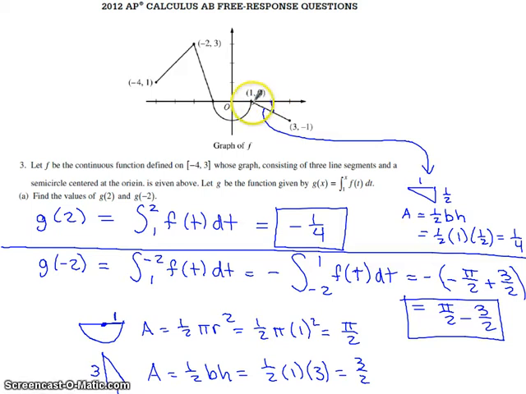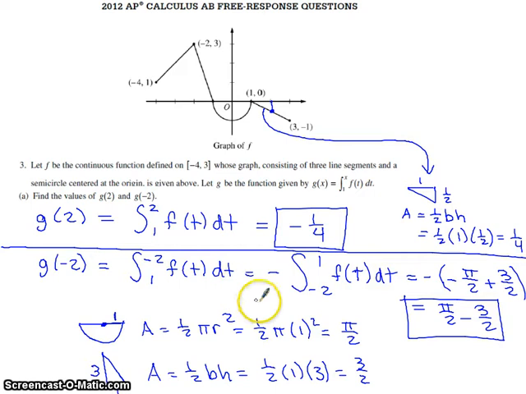This triangle has a base of 1, and if you think about a rise of negative 1 and a run of 2, that would be equivalent to a rise of negative 1/2 and a run of 1. So this dimension right here on this triangle is going to be 1/2. Using the formula for the area of a triangle, you can determine that the area of this shape is going to be 1/4 square units. Since it's below the x-axis, we need to make it negative since a definite integral corresponds to signed area.